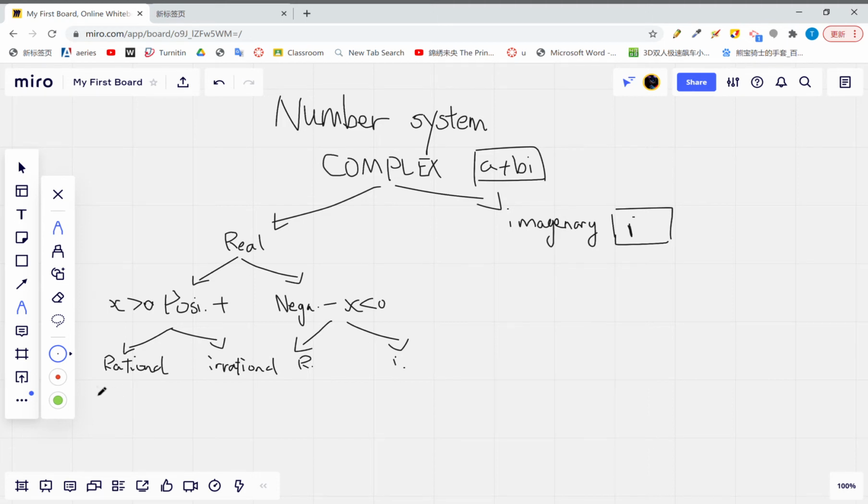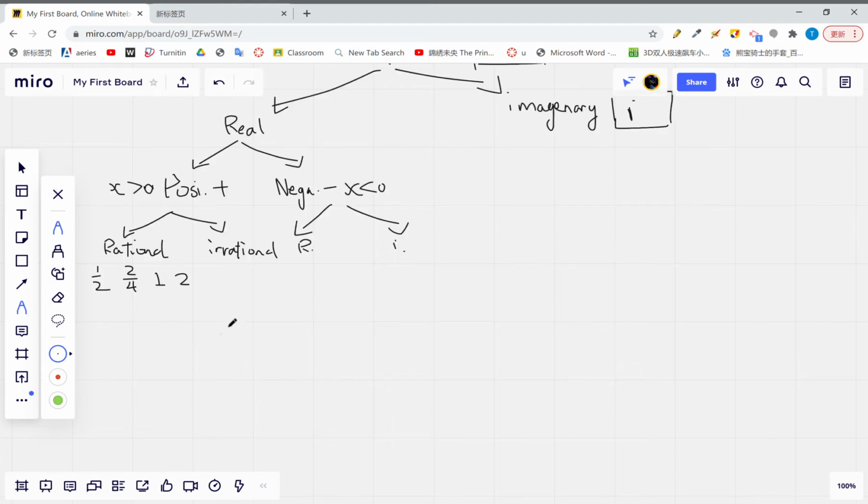For example, 1/2, right? 2/4, 1, 2. And irrational is anything that cannot be expressed as a fraction. So irrational is like √2, √5, or even a fraction that repeats forever, like 1/9.